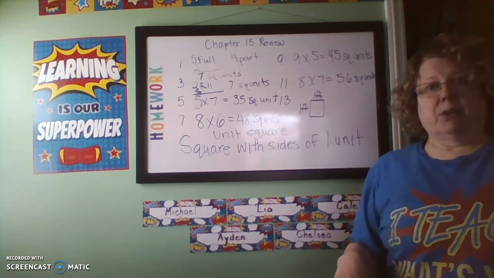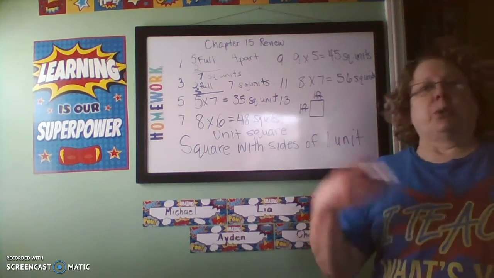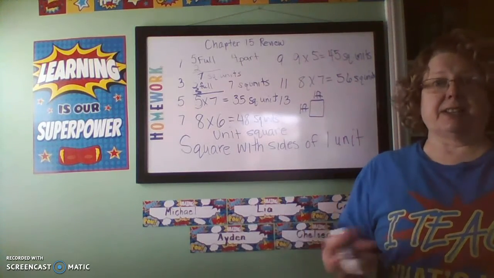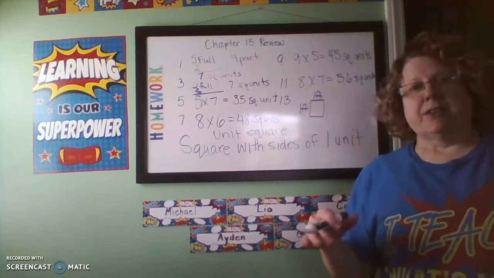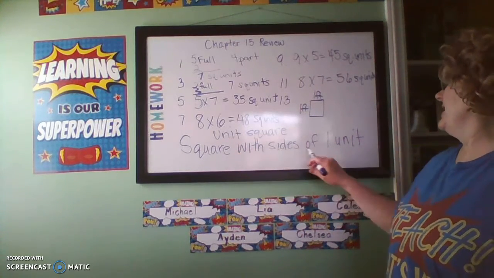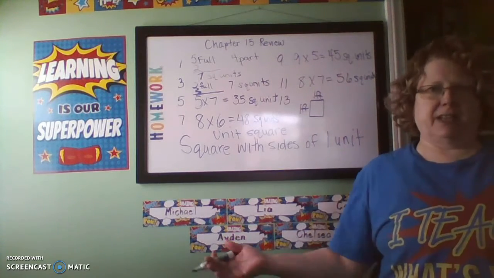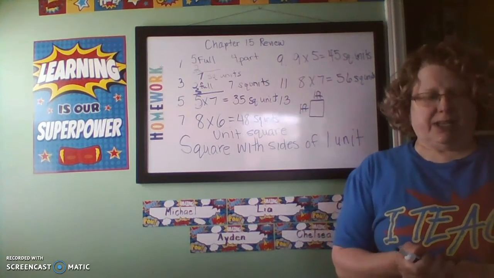And then they might say, what is a square meter? A square meter would be a square with sides of 1 meter. So a unit square is a square with sides of 1 unit, because it's just a random thing they've chosen. All right, so that's part 1.